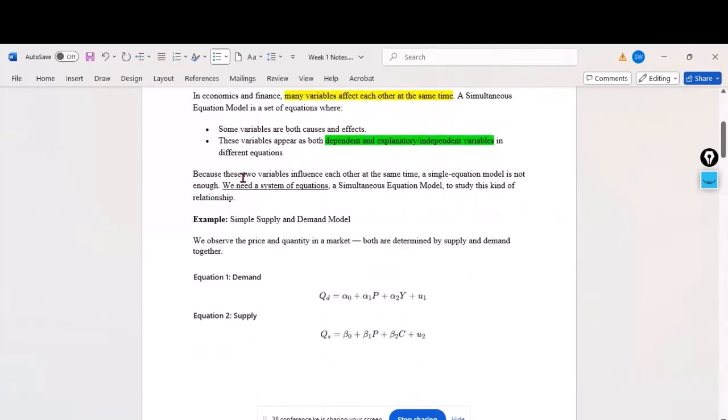Because these variables influence each other at the same time, a single equation model is not enough. We need a system of equations. This system of equations is what we are calling the simultaneous equation model.